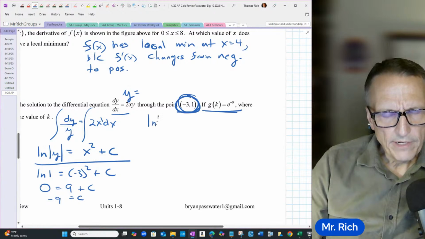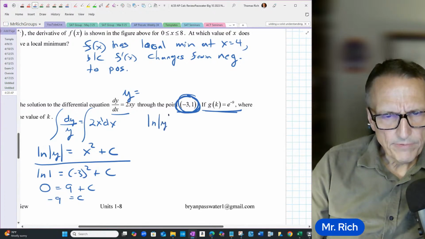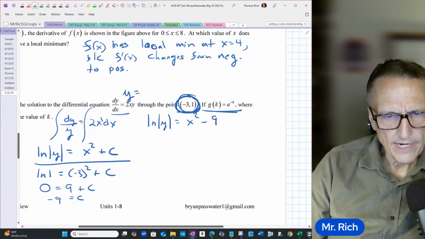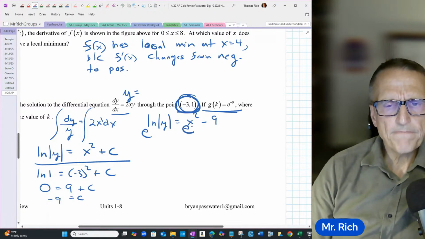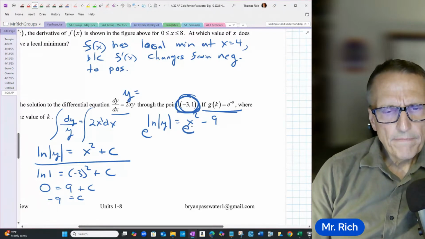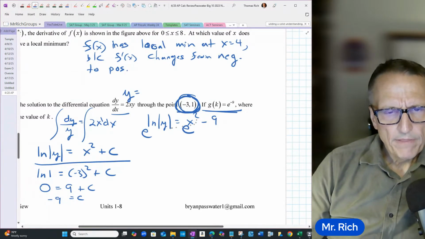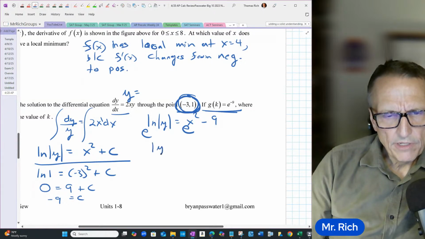I now know that the natural log of the absolute value of y is equal to x squared minus 9. What I do next is I'm going to exponentiate like this. And when I exponentiate, that is going to leave me just the absolute value of y, right?